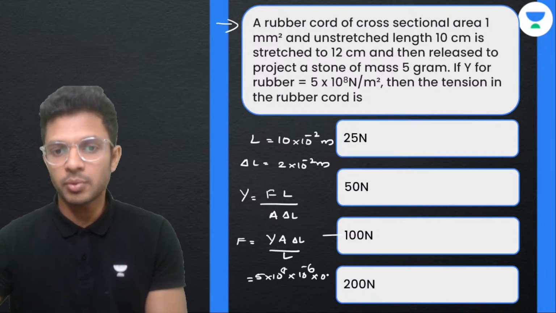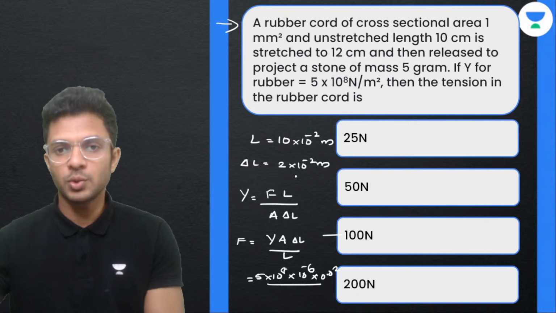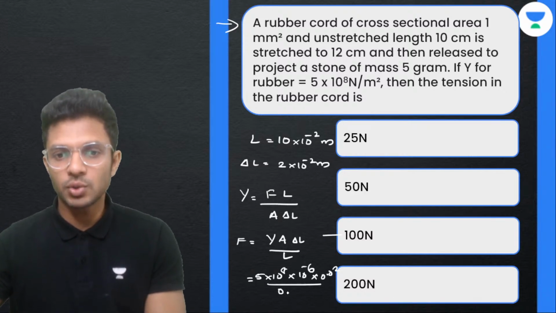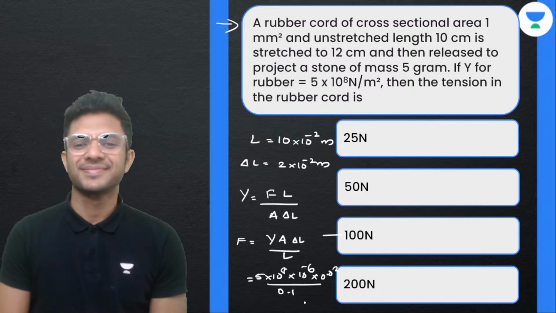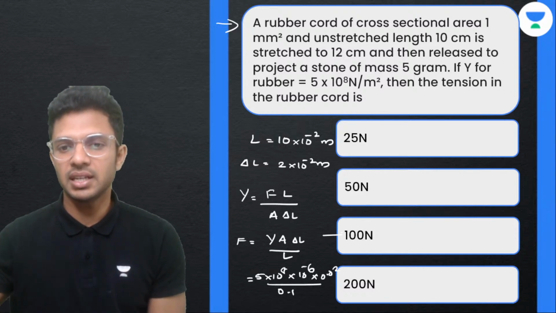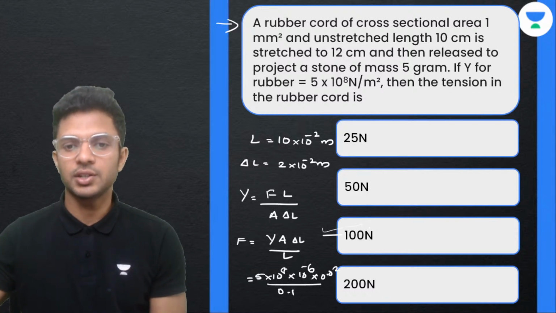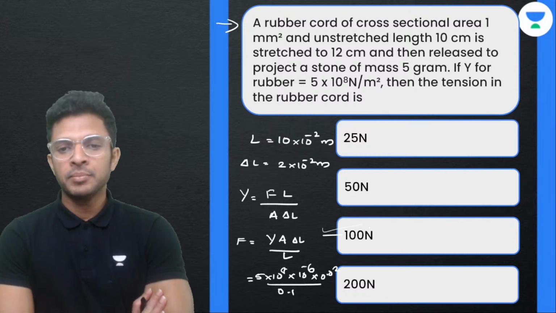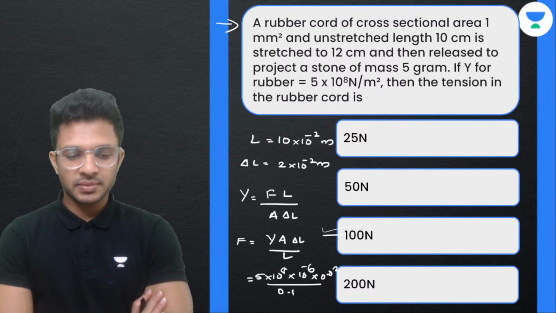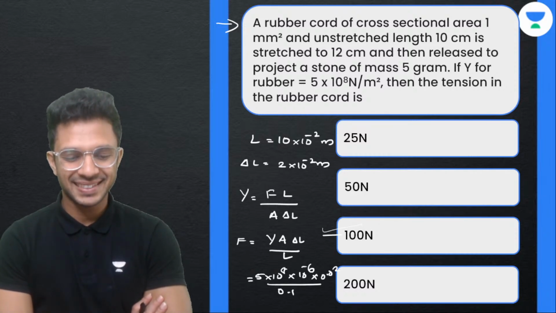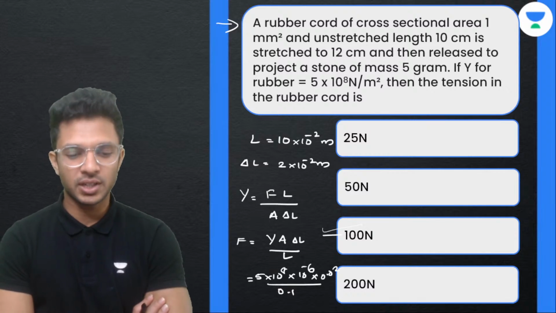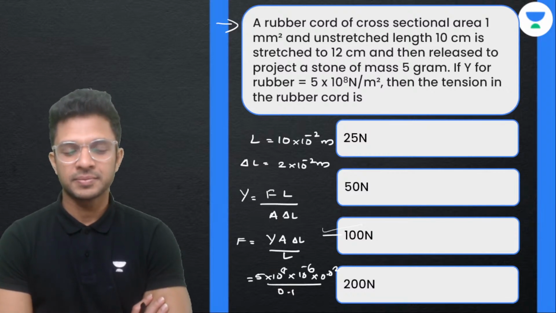Change in length is 0.02, that is 2 into 10 power minus 2, divided by length 10 into 10 power minus 2 or 0.1. You'll simply get the answer as 100 Newton. Yes, very good, Devika. Awesome for giving the correct answers there. Well done.